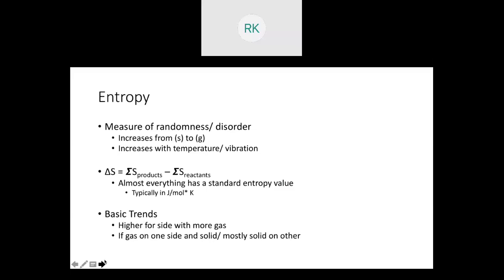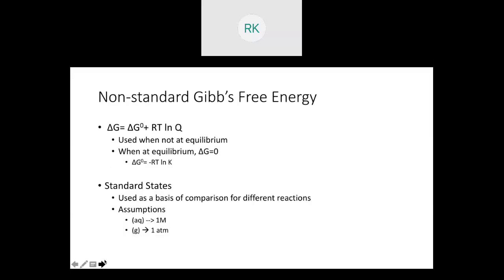But when you look at an equation, generally look at where's the solid, where's the gas. And typically they're on opposite sides. The side with the gas will have higher entropy. The side with the solid will be lower, okay? And again, if you want 1 or 2 examples to look at, his slides do have some excellent examples. But being able to identify that could be important for the exam.